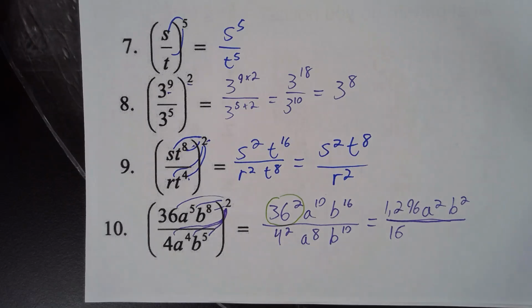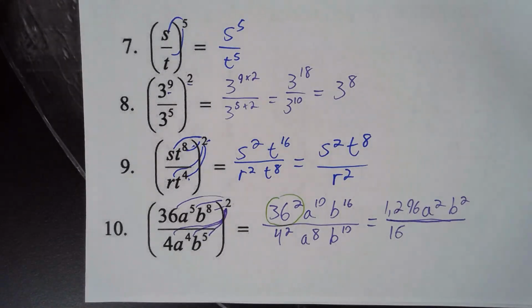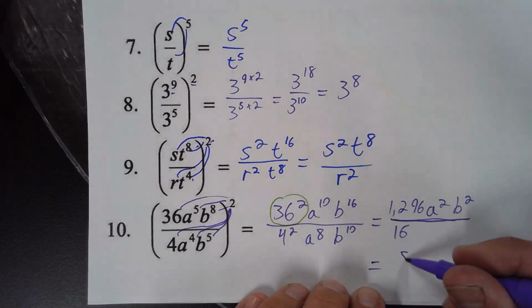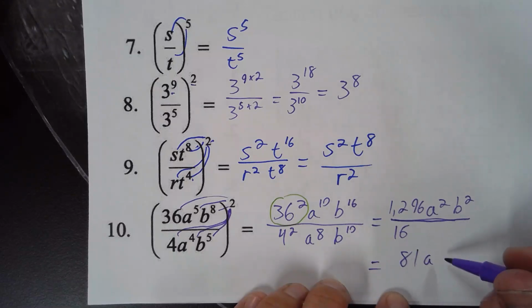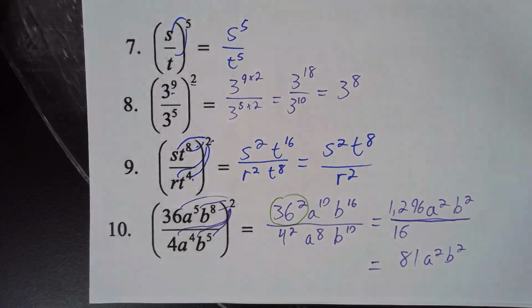Actually, you know what? Let's do it. Can somebody try 1,296 divided by 16 and see what they get? 81? Okay, so 81, a to the 2nd, b to the 6th.